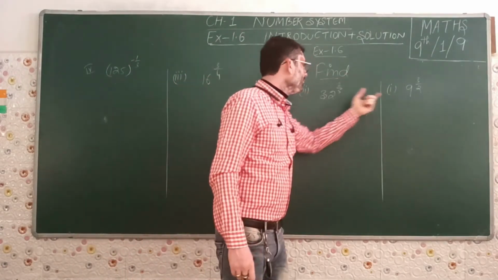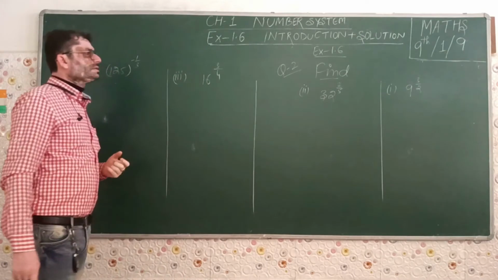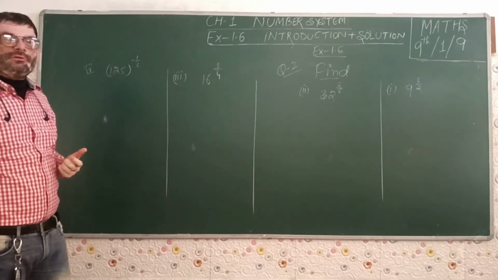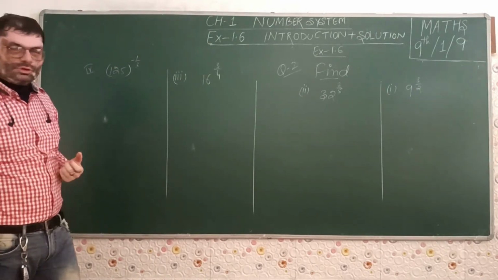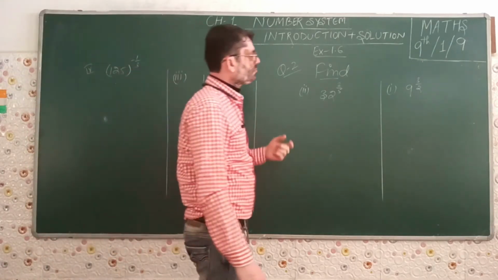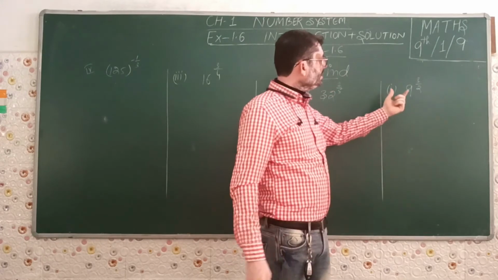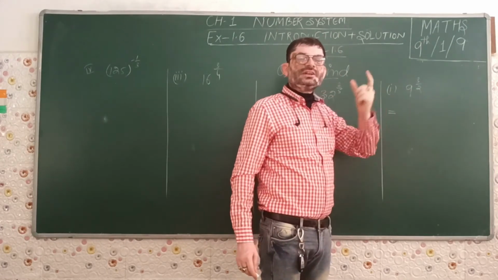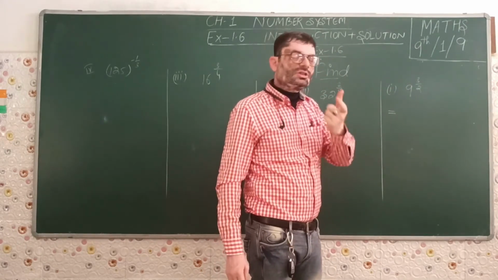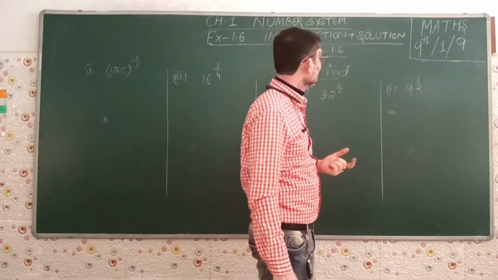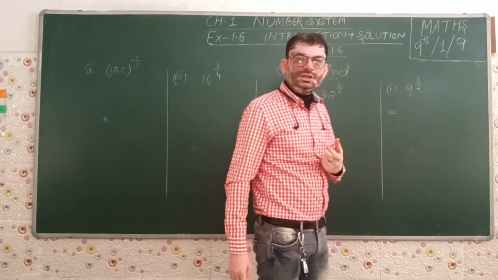Find. Again we are given 4 bits and we need to simplify each bit as we have done in question number 1. So let us try. 9 to the power 3 by 2. What I have told you is that we need to find the factors of 9 and try to get the prime factors or the smallest factors possible. So 9 can be written as 3 into 3.